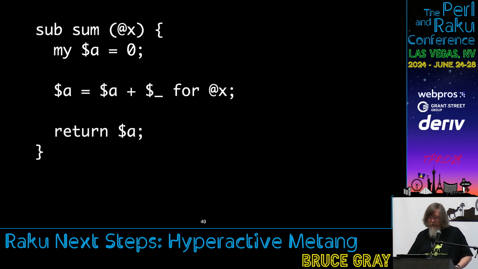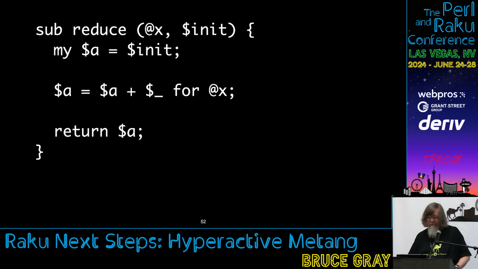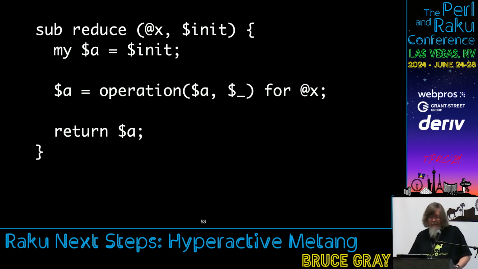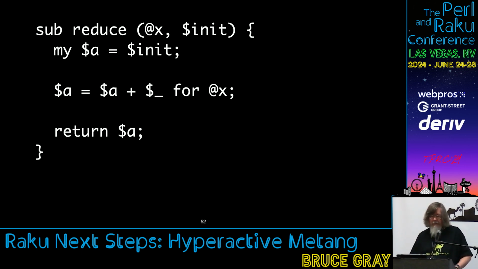We're going to rename it reduce, because that's what all the languages call it. 0 is the initializer, and that needs to become a parameter. Now, trickier, we're going to have to change the addition to a generic operation. That operation is going to take 2 parameters, 2 arguments, just like plus does.